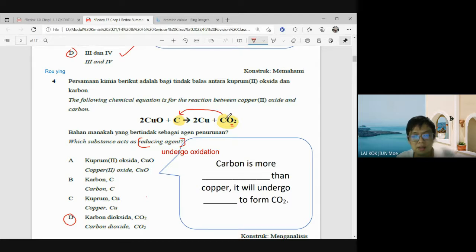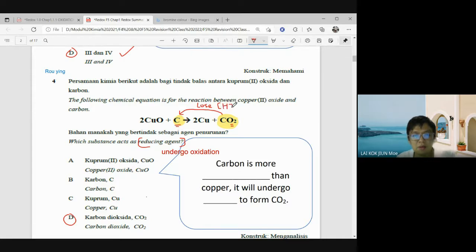It becomes C. Does it lose oxygen or gain oxygen? Lose, right? When you lose oxygen, what reaction is this? Oxidize or reduce?